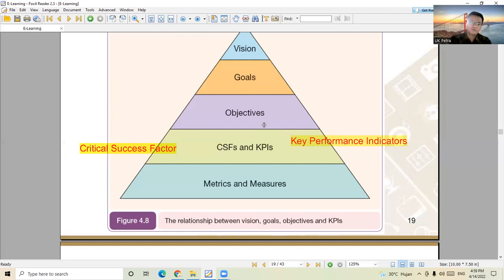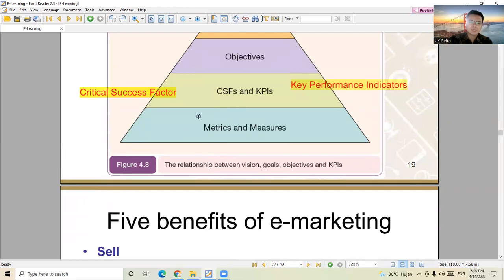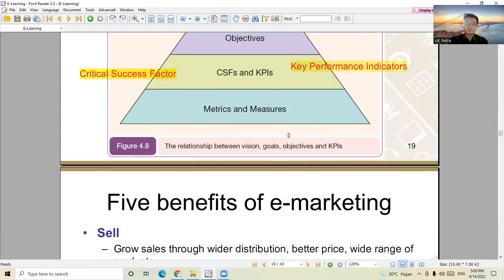We have to have tools to measure whether the vision is achieved, the goals are achieved, the objectives are being achieved. How to measure it? We can use the CSF, the critical success factors, and the KPI. The detail is mentioned in this part, the metrics and measures.